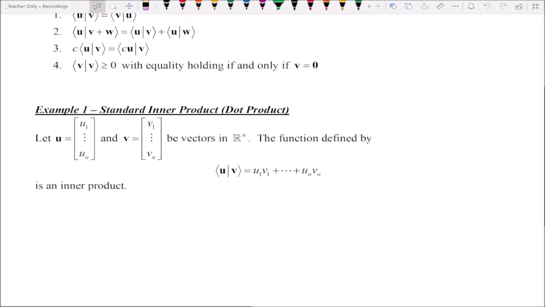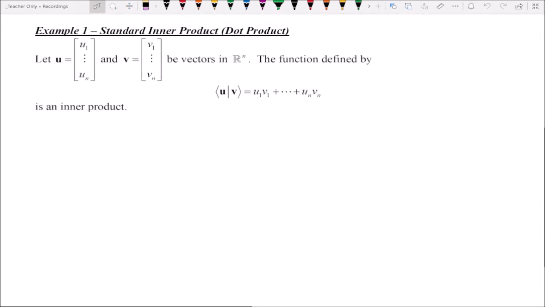When dealing with the vector space Rn, the most common inner product is called the dot product of vectors, and we call this the standard inner product. Now here's how the dot product is defined. The inner product of u with v is u1 v1 plus u2 v2 plus u3 v3 and so on, plus un vn.